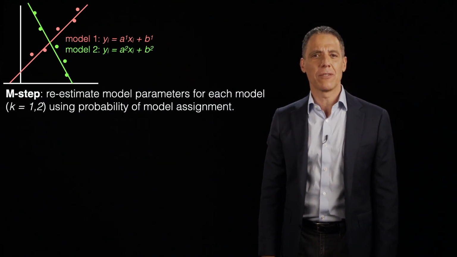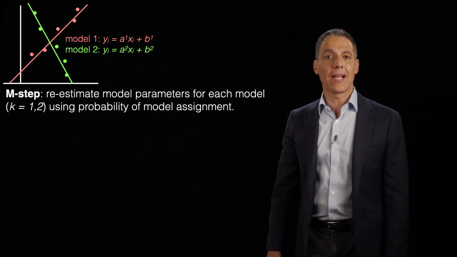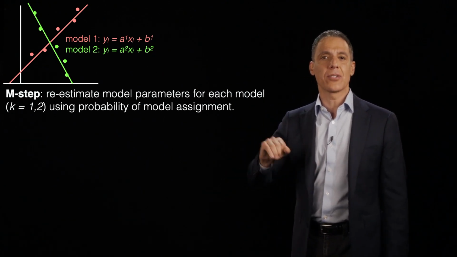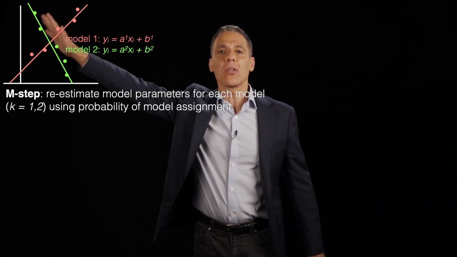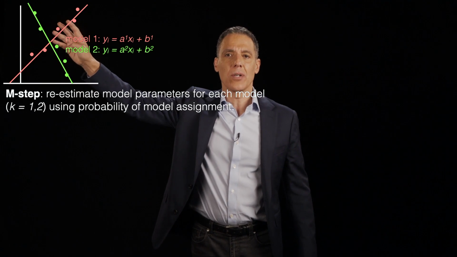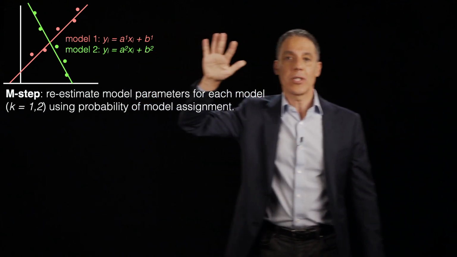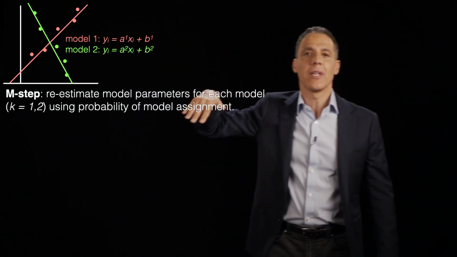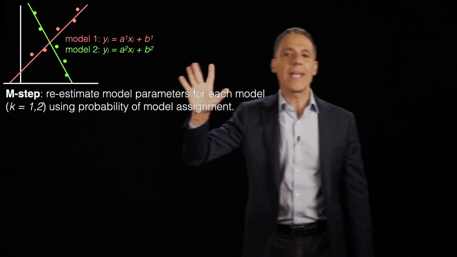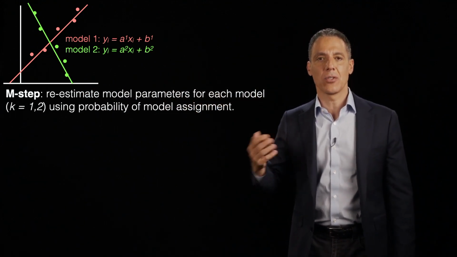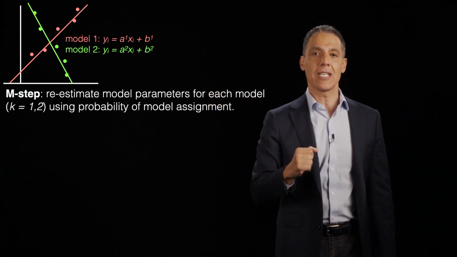Well, that's sounding really familiar. That's sounding an awful lot like weighted least squares, where we're going to use all of the data points to re-estimate model 1. We're going to use all of the data points to estimate model 2, but for model 1, we're going to use the weights associated with model 1, and for model 2, we're going to use the weights associated with model 2 that were computed for us in the E step.